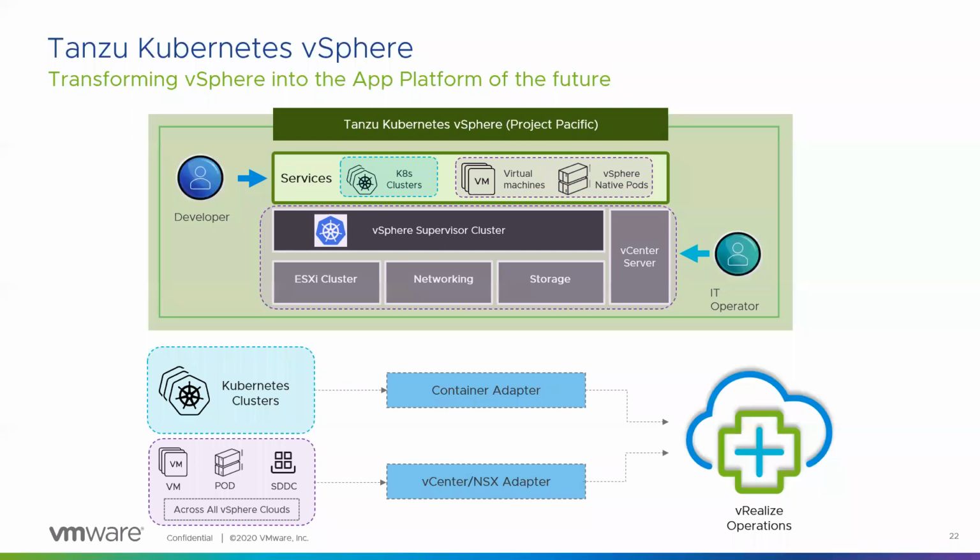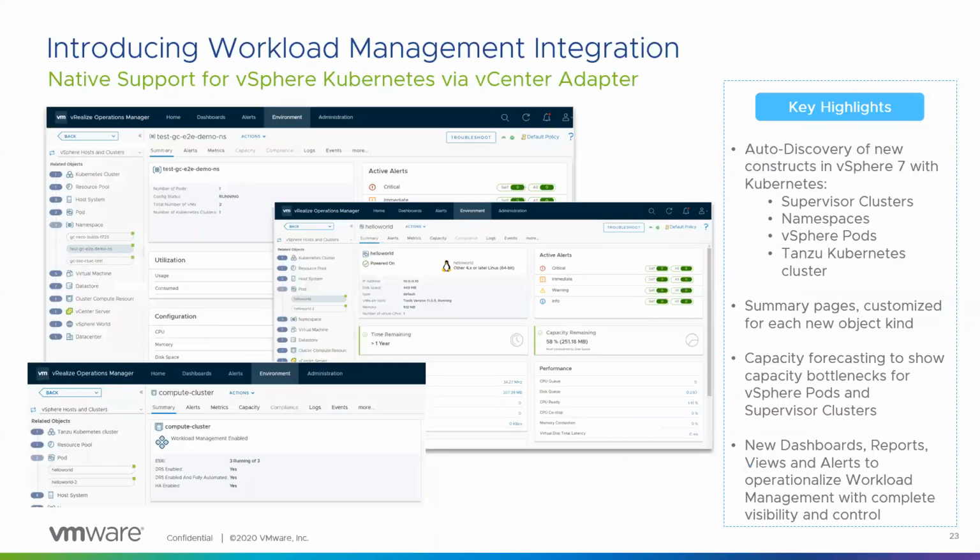Both of them jointly get us all of the data needed to monitor your infrastructure. How do we do it? We bring all the workload management related stuff into vROps, where it gets you the native clusters, supervisor clusters, namespaces, vSphere pods, as well as Tanzu Kubernetes clusters, right?